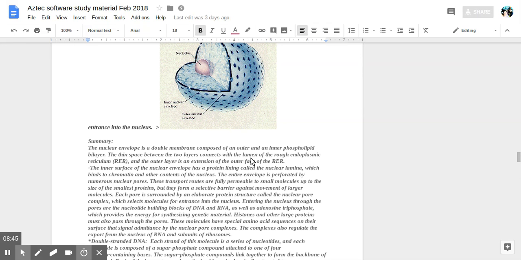Nucleotide building blocks of DNA and RNA, as well as adenosine triphosphate, which provides the energy for synthesizing genetic material, also known as ATP, is allowed.